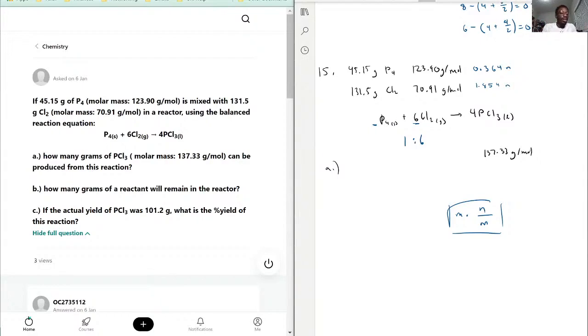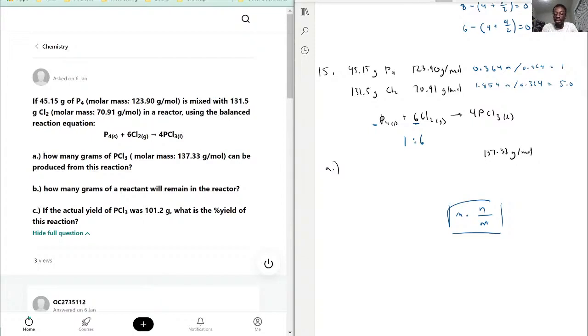So if we did the 1.85 divided by the 0.36, we should hopefully get a number of 6 or above. But funny enough, when you divide this by 0.364, that's equal to 5.0.